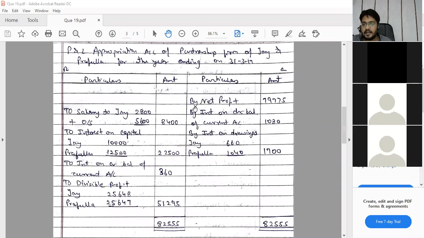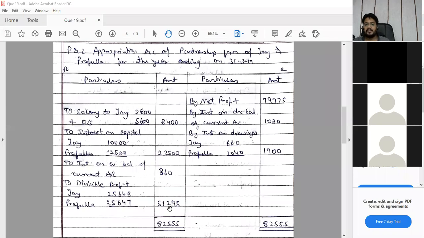So on the credit side, write by net profit 79,775. Again, the credit side is greater here, 82,555, less 8,400, less 22,500, less 360.